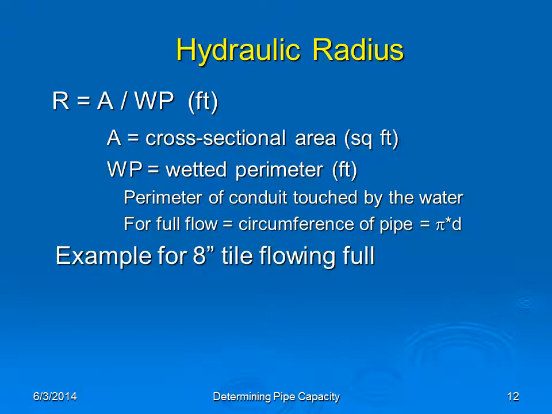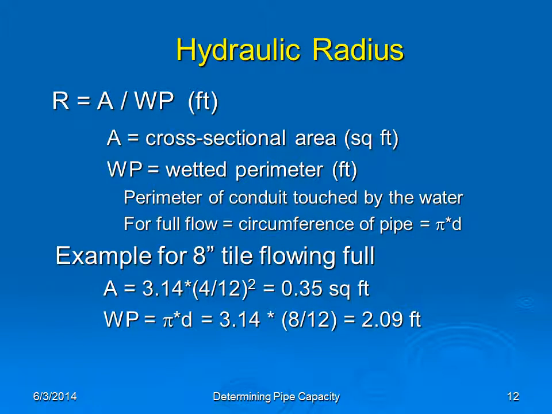As an example, for our 8-inch tile flowing full, area equals 3.14 times (4 over 12) squared, which equals 0.35 square feet.